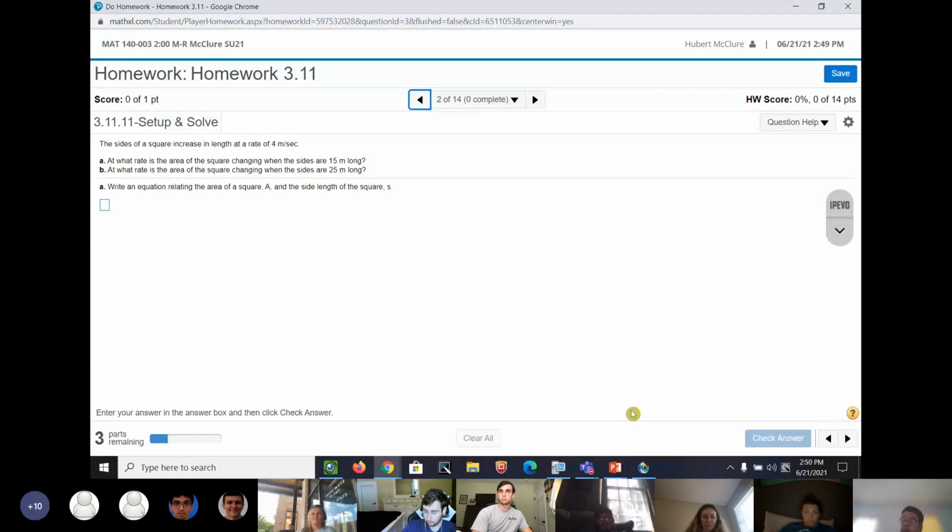The sides of a square increase in length at a rate of 4 meters per second.